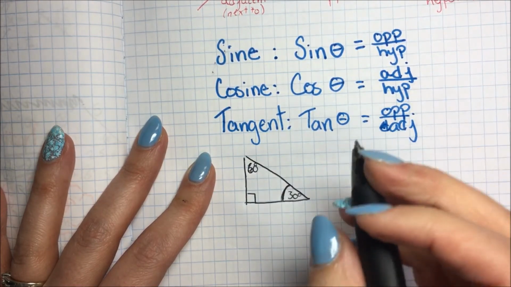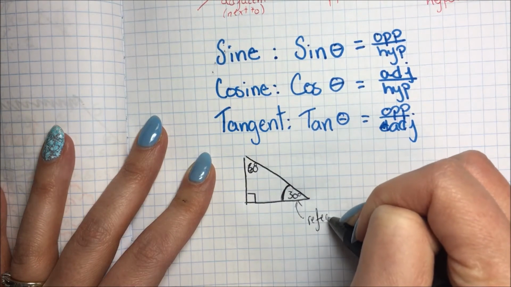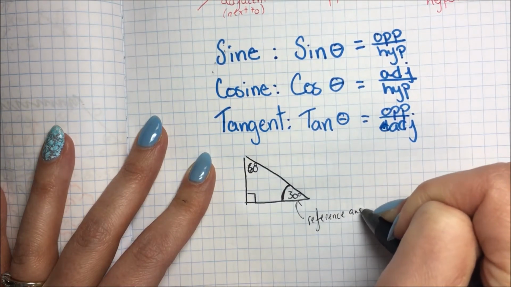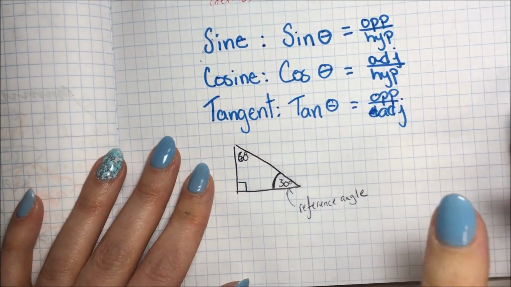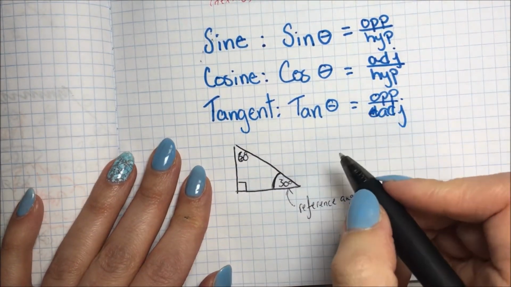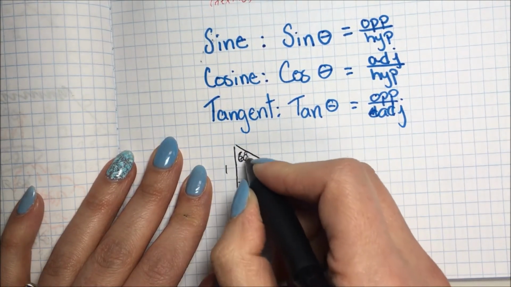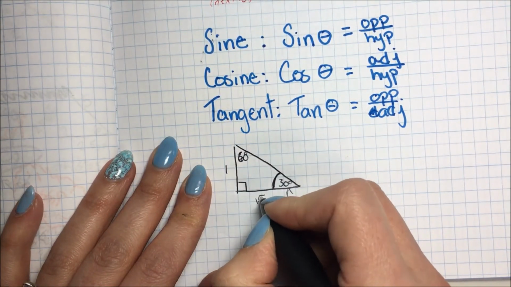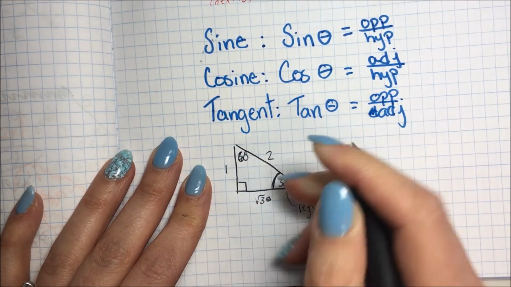I'll mark that as my reference angle. So let's say I've got one of these special right triangles, 30, 60, 90. I know across from 30 is 1, across from 60 is radical 3, and across from 90 is 2.